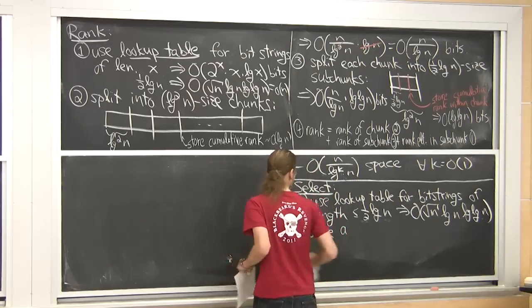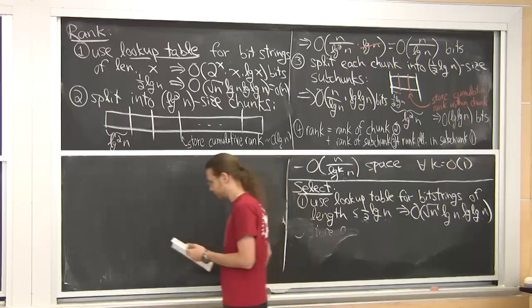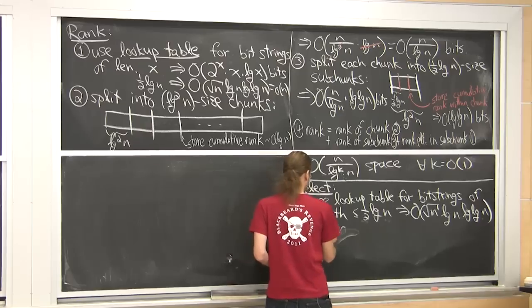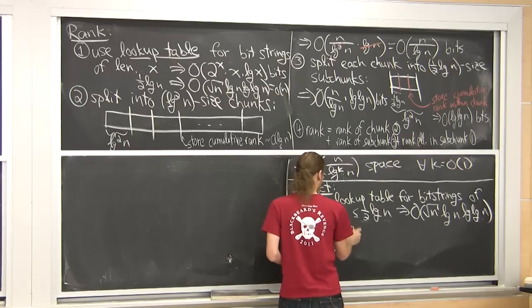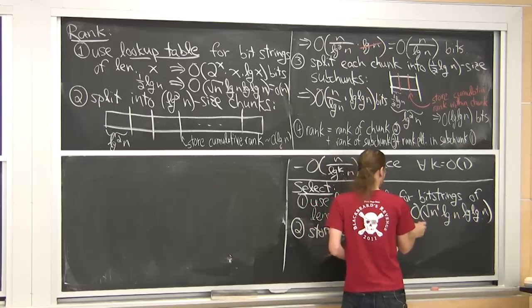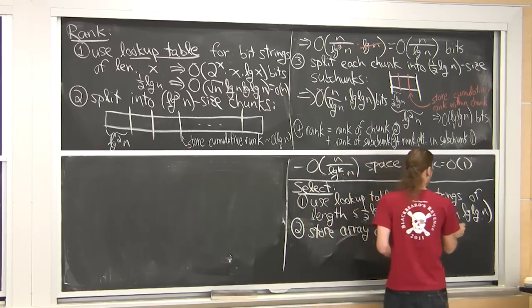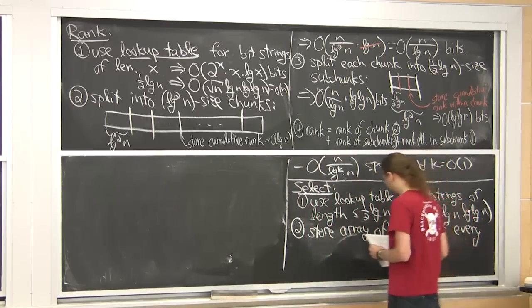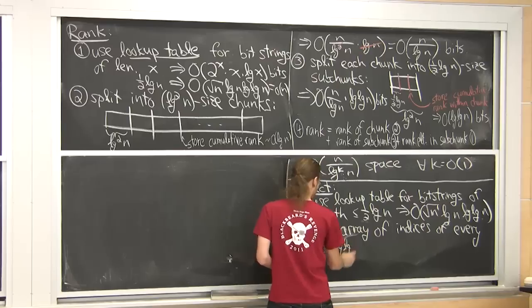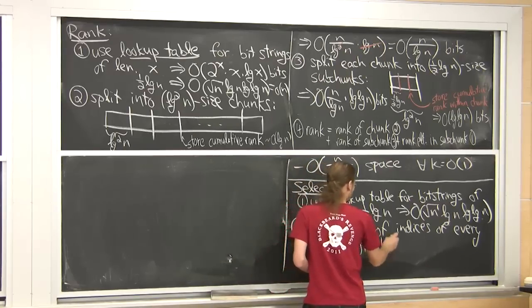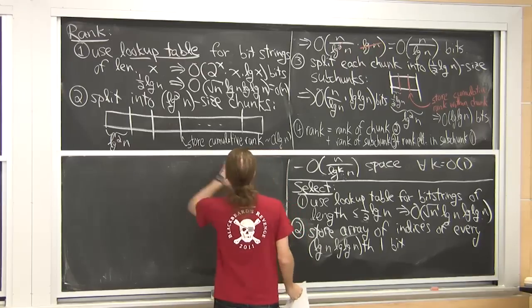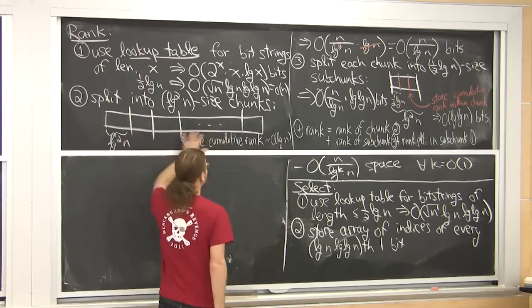So we're back to an n-bit string. We want the analog of this structure of chunks.